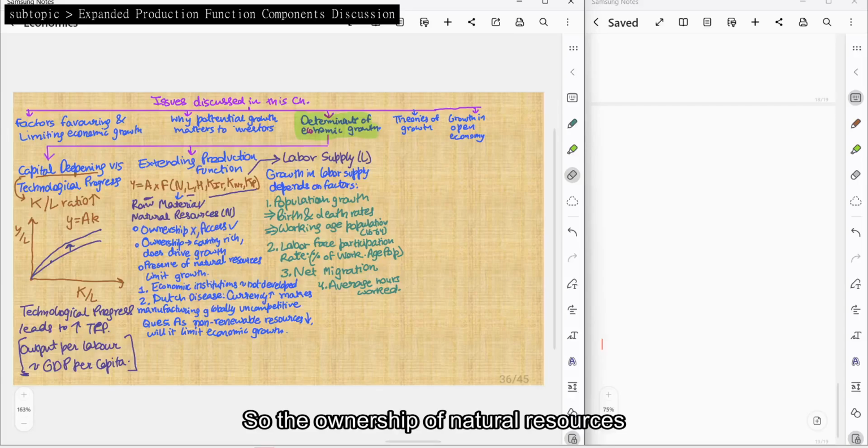So ownership of natural resources does make a country richer, but could it drive economic growth? The answer is that ownership does mean the country has access to those resources, but in a few cases we have seen that the presence of natural resources can also limit growth.